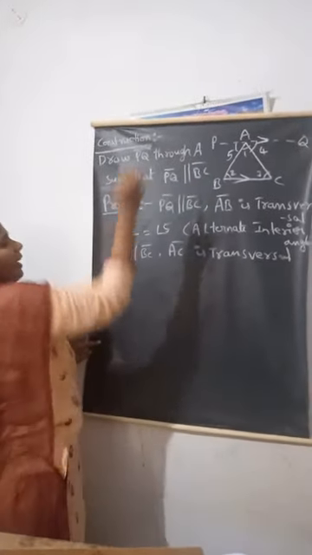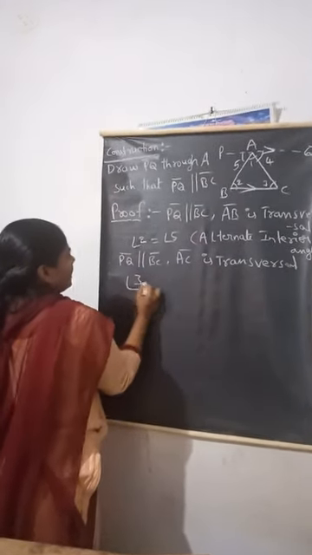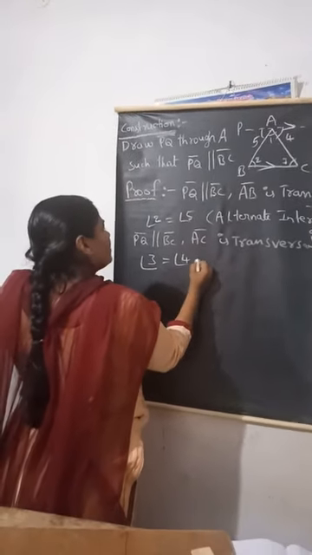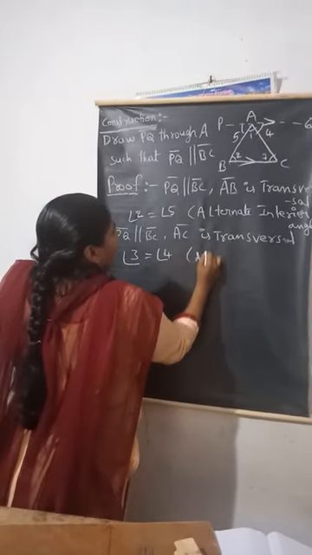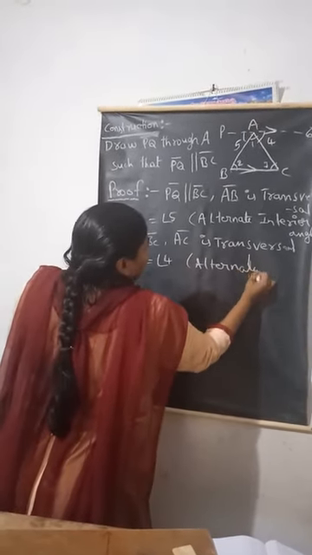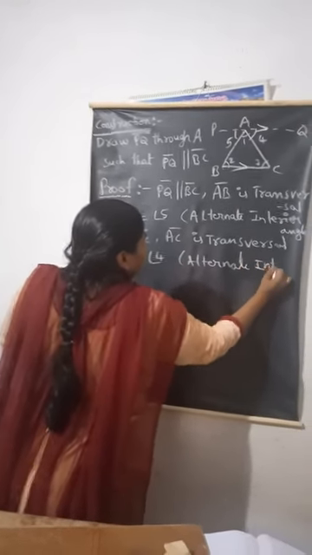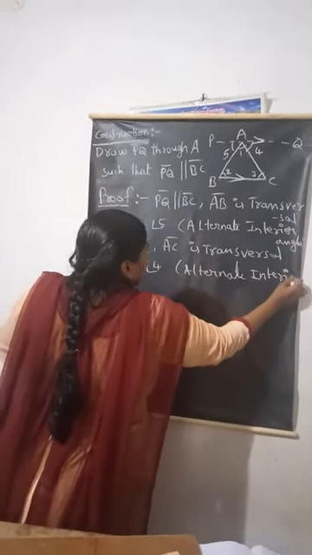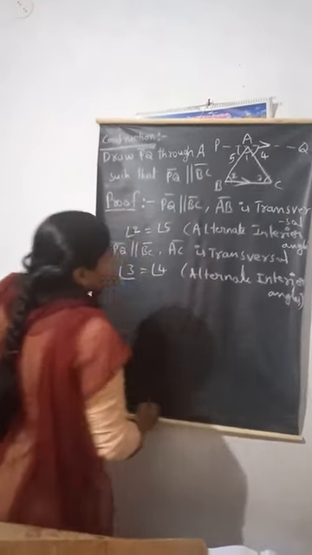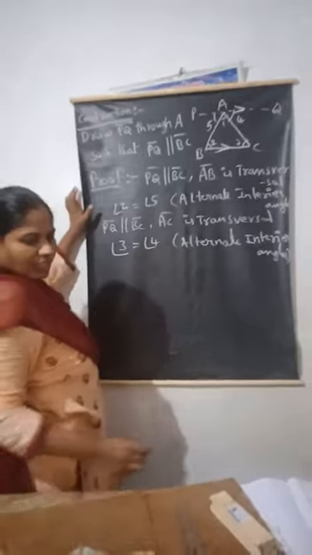Then, angle 3 equals angle 4, alternate interior angles.